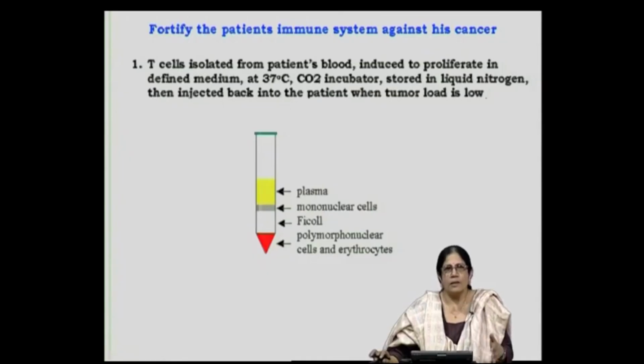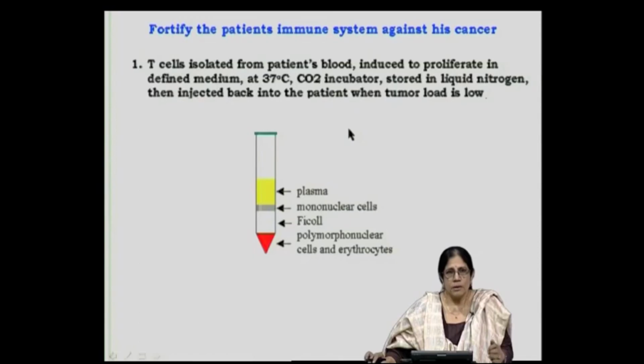Now, why this? Because it has been shown, also in case of mice, that tumor bearing individuals seem to have an immunocompromised state, even if the tumor is a solid tumor and not that of the blood cells.